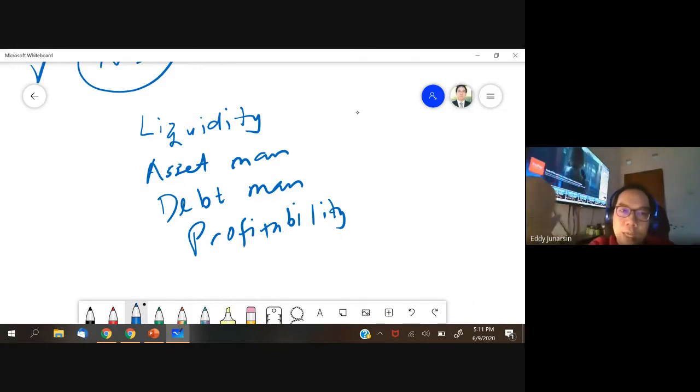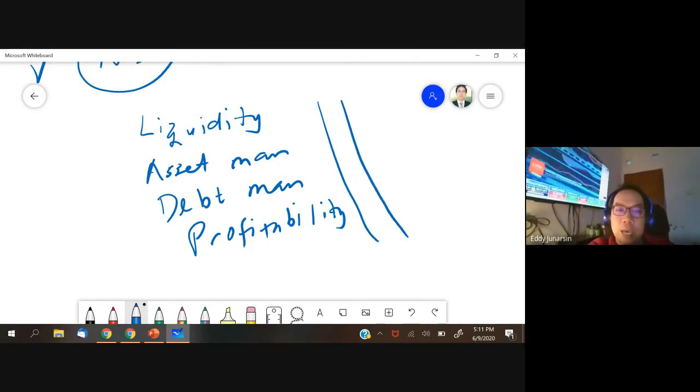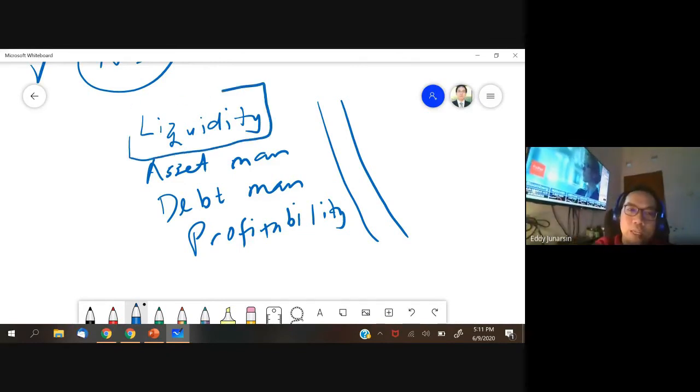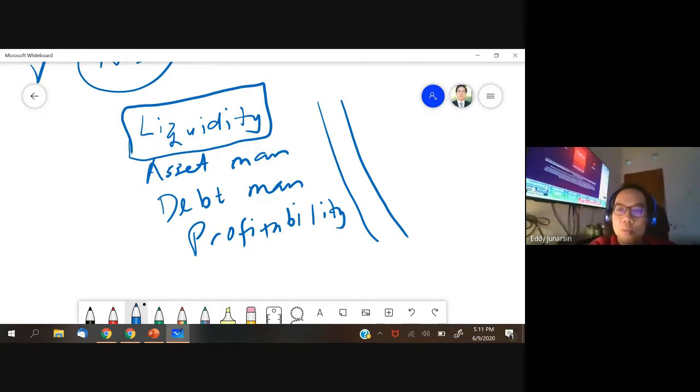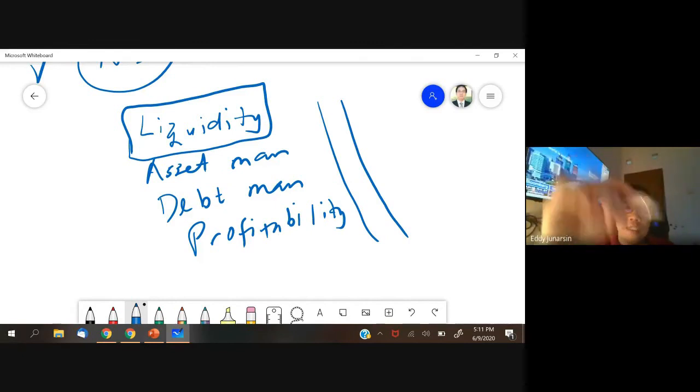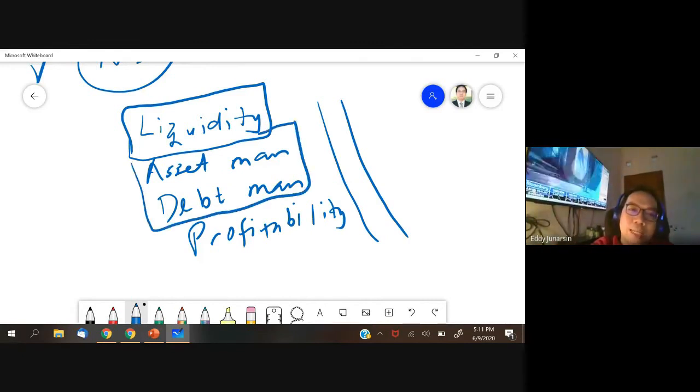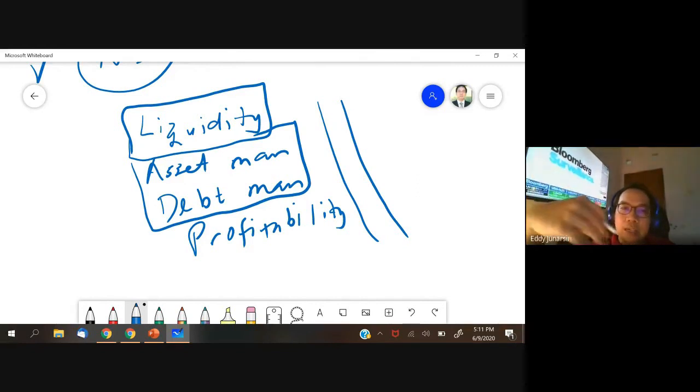So you can think about these categories as a comprehensive whole unit in like maybe a soccer game, a football game. Liquidity ratios, again, are measuring the ability of a firm to fulfill its short-term liabilities. So it's more defensive. So you can think about it like the defender position, defender or back, right? Then the asset management and debt management ratios are measuring the flow, right?